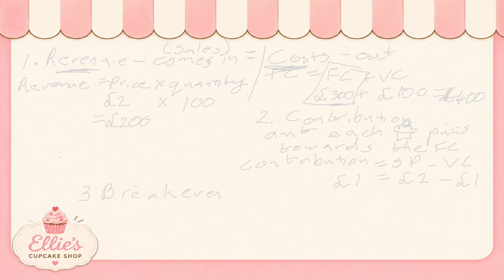Okay, so break even output is the formula. Output is the amount that she needs to make. So, and I'm going to use abbreviations, break even output is equal to the fixed cost divided by the contribution per cupcake.